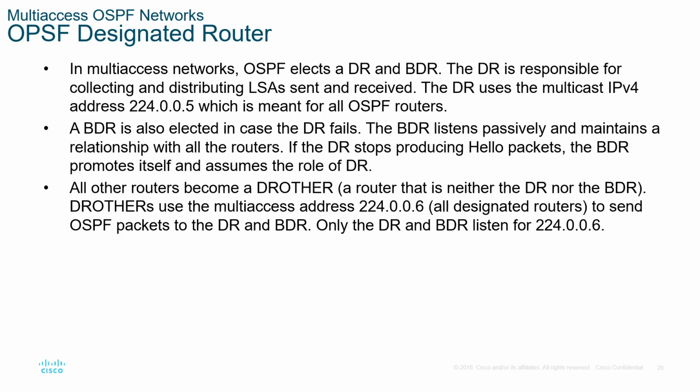If the DR needs to update, it has to update the BDR as well, wouldn't it? Yeah, so these routers will send to the BDR and DR, to both of them.